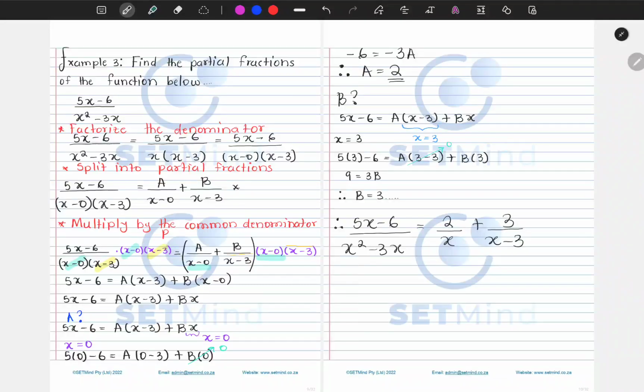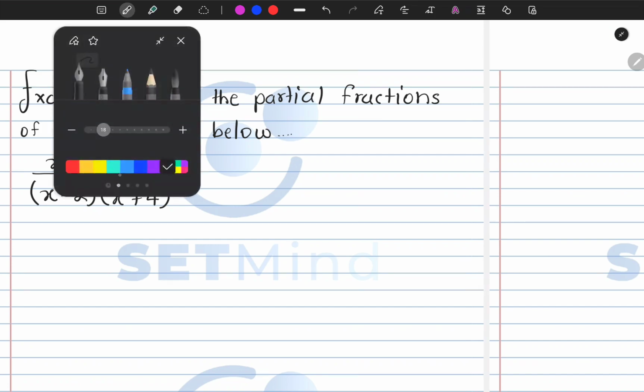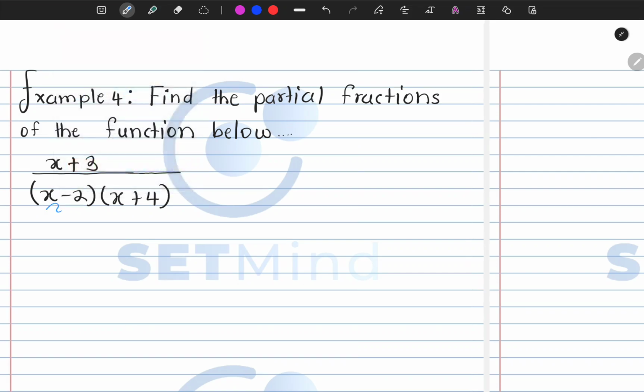So let's go to example number 4 and see how we deal with it. Okay, so let's have a look at example 4. For example 4, we're given x plus 3 divided by x minus 2 multiplied by x plus 4.